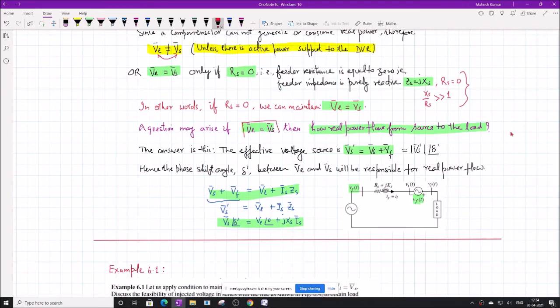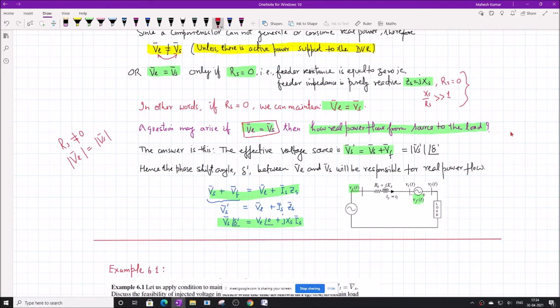Also, Rs is not equal to 0 practically, and therefore we are looking for another condition of compensation, that BL magnitude must be equal to Bs. This is the more practical condition because we need not maintain the phase angle of BL and Bs. It does not serve any purpose.